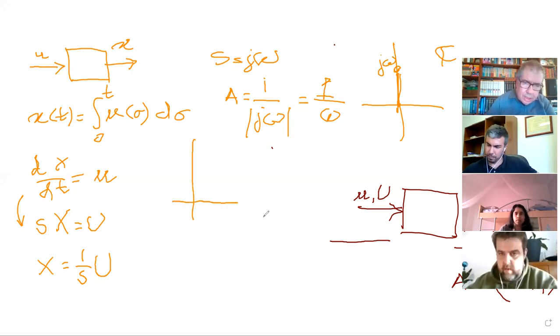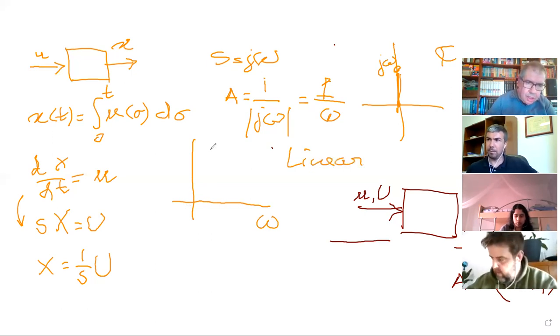Okay? So if you do a plot in linear coordinates, for 0 you get infinity, and then it decreases.